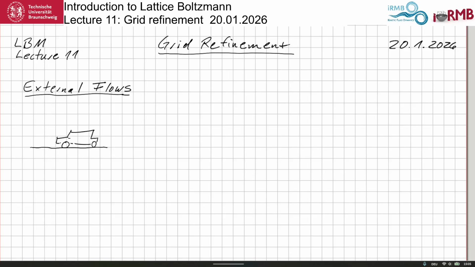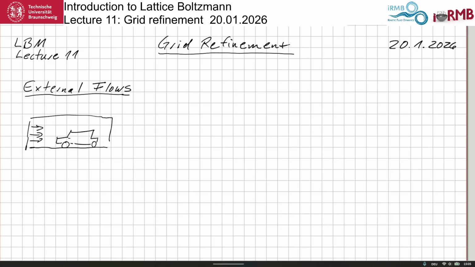Cartesian grids, of course, are not enough. And this is also true for the early lattice Boltzmann codes, because you look at your car, so you could think about a wind channel, yeah? You put your car in a wind channel, and now this would be a numerical wind channel, right?